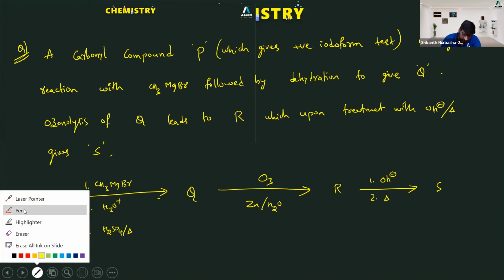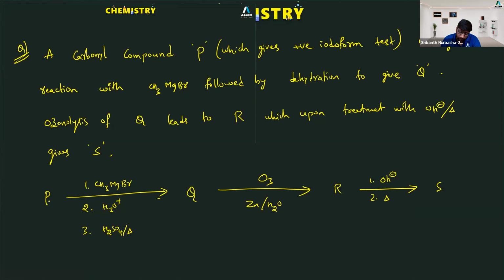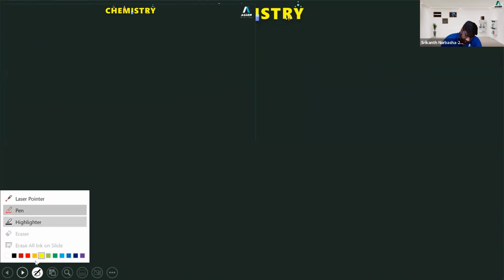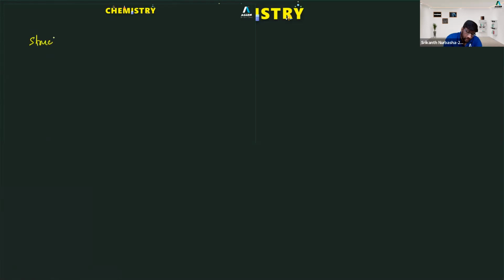So let us solve this question. P is a compound which upon treatment with CH3MgBr, H3O plus, then H2SO4 upon heating, right? The first question, if you understand this particular question, is what is the structure of the carbonyl compound P? What is P that you have to find out?